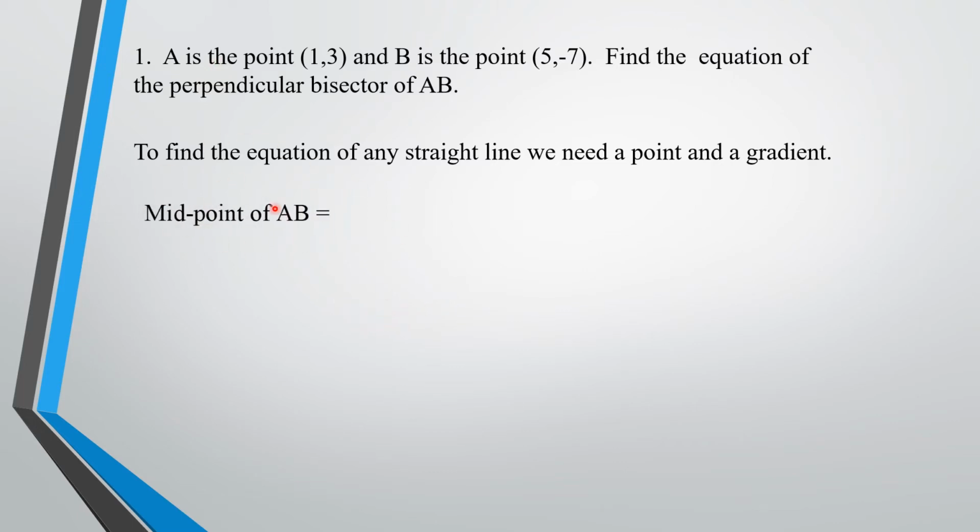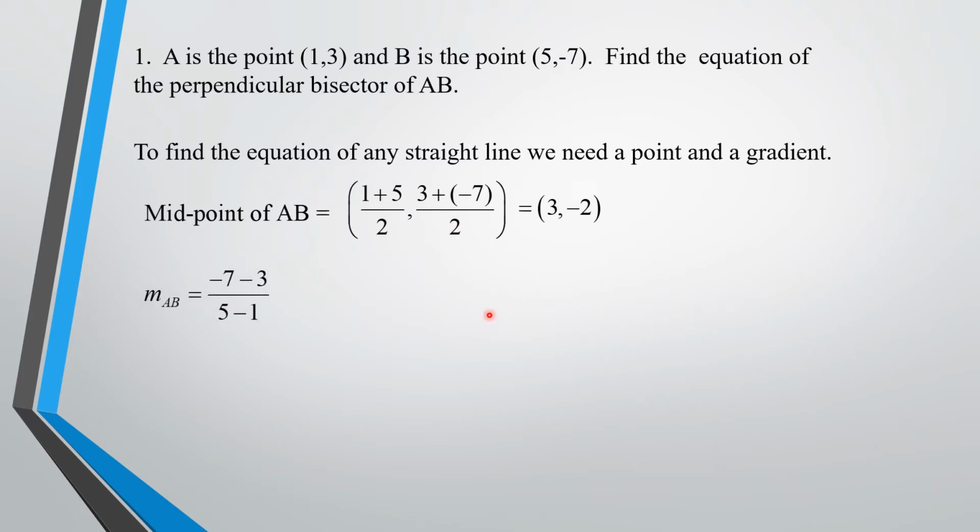So the midpoint of AB, using the midpoint formula, would be (3, -2), and we need to find the gradient of AB, because we need to find the gradient of the perpendicular bisector. For example, since points A and B are drawn as such, the perpendicular bisector would cut AB into exactly half.